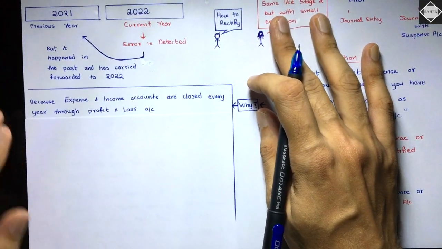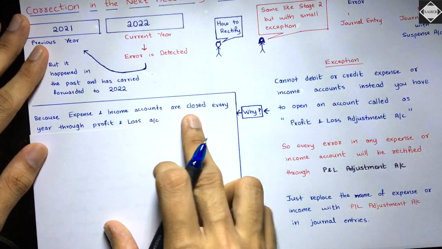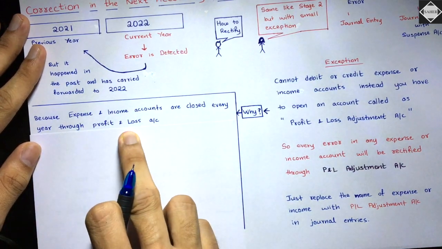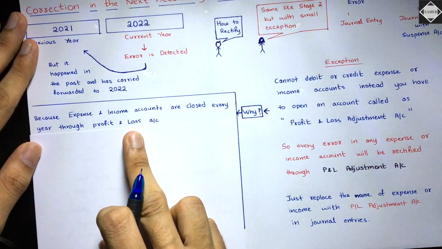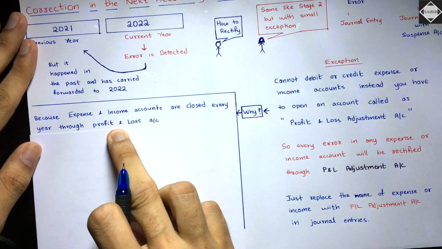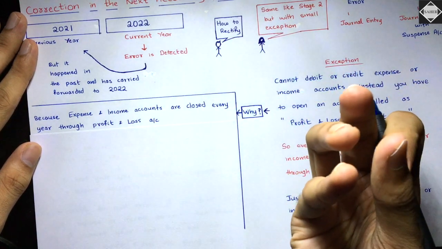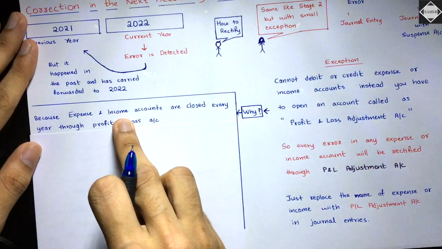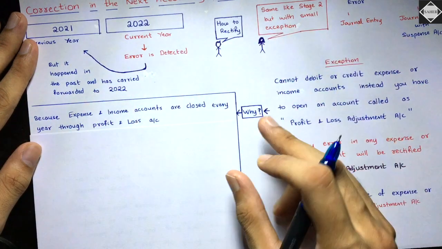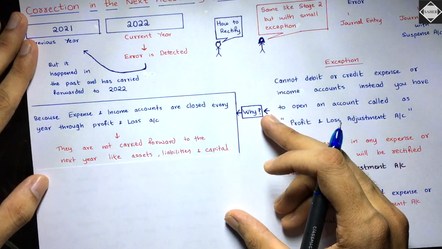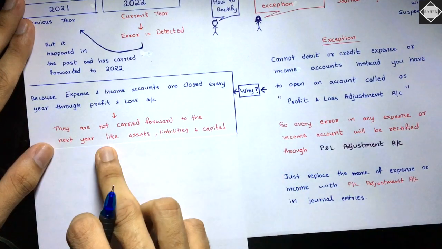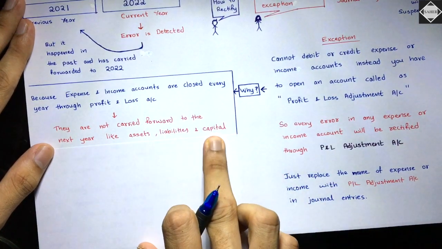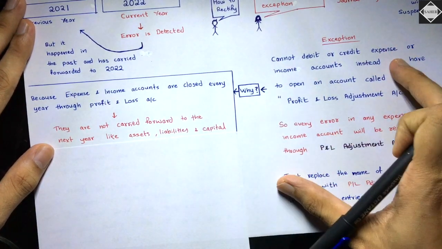So that's the thing. See here, expense and income accounts are closed every year through the profit and loss account. I told you what happens. They go to the profit and loss account and you calculate profit or loss. So expense and income accounts are completely closed every year at the end. They are not carried forward to the next year like assets, liabilities and capital. That is why we have this exception.